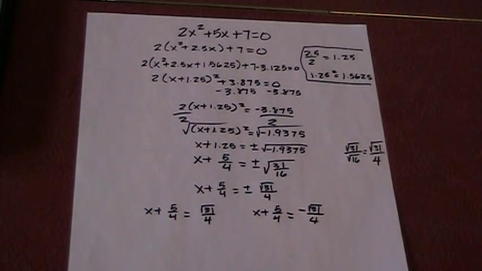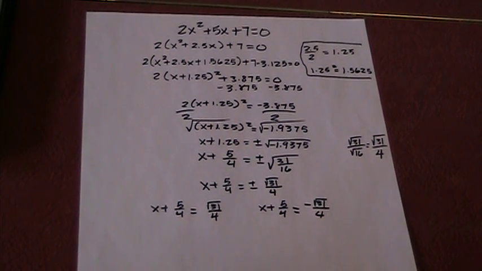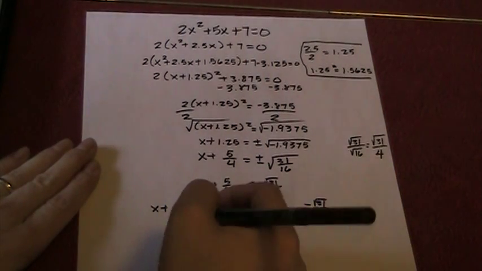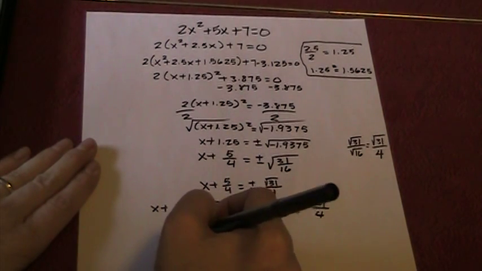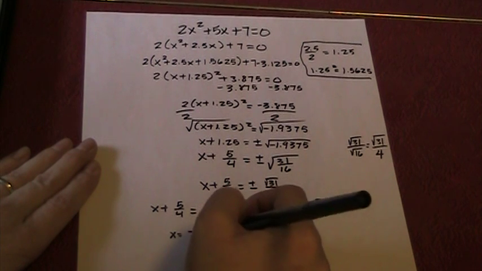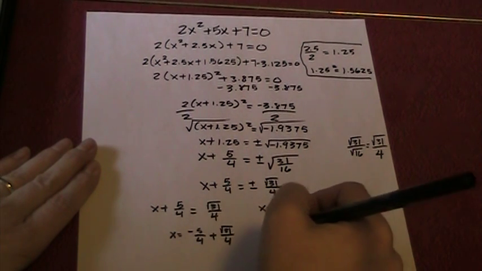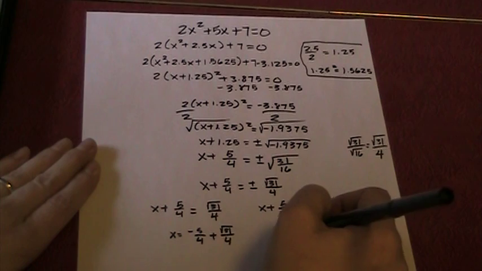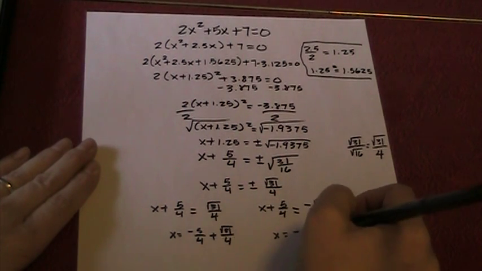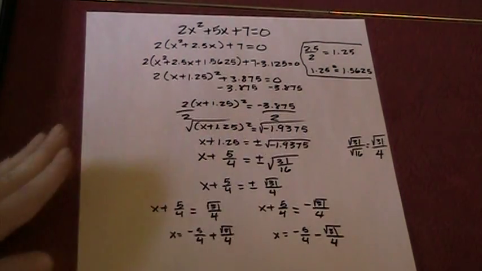And when we are adding or subtracting radicals, usually we write the non-radical first and then the radical last. So I'm going to write this as x equals negative 5/4 plus the square root of 31 over 4. And I'm going to write this as x equals negative 5/4 minus the square root of 31 over 4.